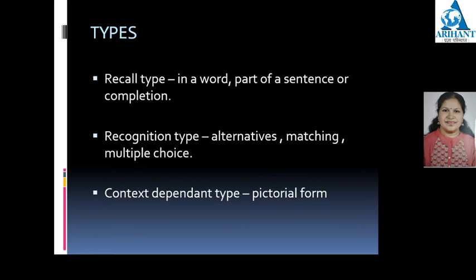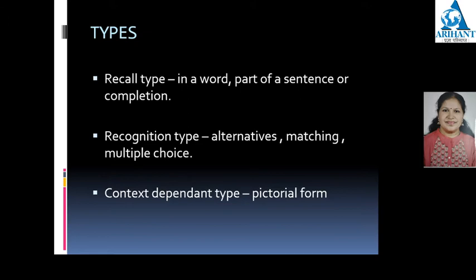Recognition type: in this type we can frame test items in various forms like alternatives, match the pairs, multiple choice. There are 4 choices, and out of these we have to select one choice. These are called recognition type test items. Next is context dependent type. It is in pictorial form.